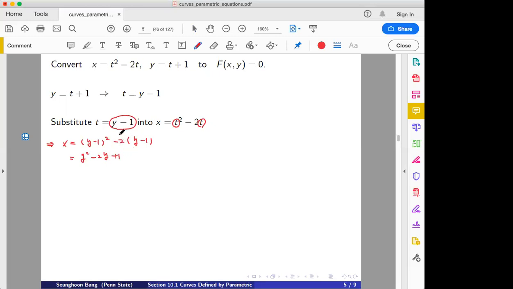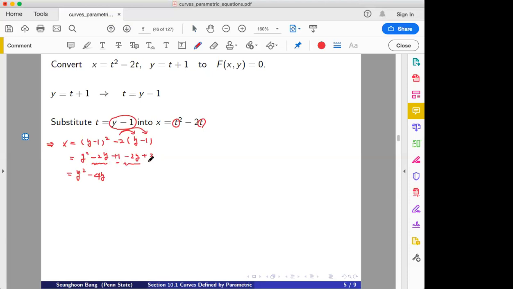Next, distribute negative 2 to the y and the minus 1: negative 2y plus 2. So you have to simplify. Y squared, and negative 2y minus 2y is negative 4y.